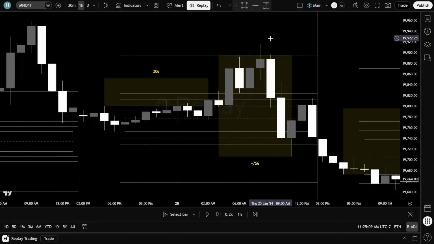So yeah, New York Open AM can manipulate, and we ended up reversing the whole thing. That would have been an easy 3R there. Target was all that manipulation levels on the other side of the 4 hour, for 3R.